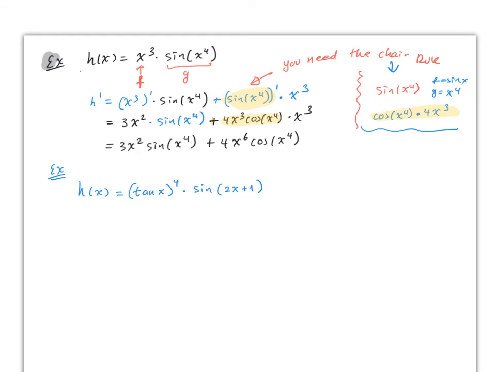Clearly this is a product, so you have to use the product rule. So therefore h prime is going to be the derivative with respect to x of the first one, times the second one, plus the derivative with respect to x of the second one, times the first one.